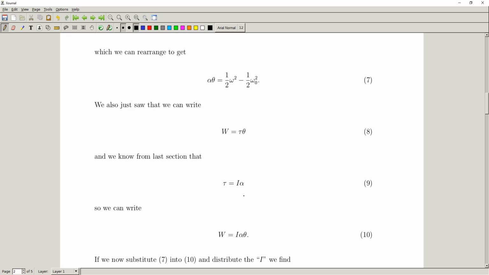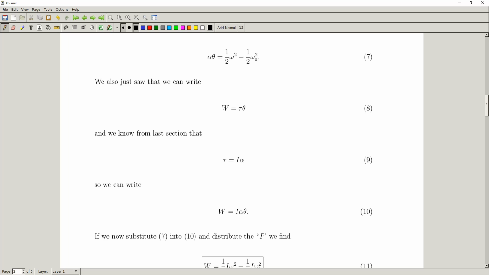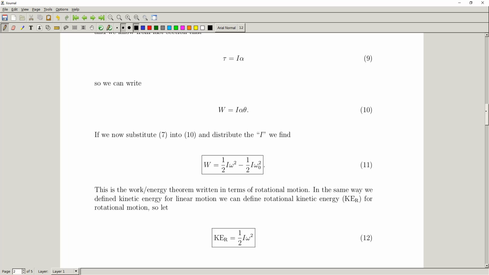So if we do that, I can substitute this expression for tau into our equation for work. We end up with work is equal to our moment of inertia times our angular acceleration times theta. And if we then take this alpha theta and substitute in the right-hand side of this equation for it, and then distribute the I over the 2 terms up there, we end up with this expression here. So we have work is equal to 1/2 I omega squared minus 1/2 I omega initial squared.